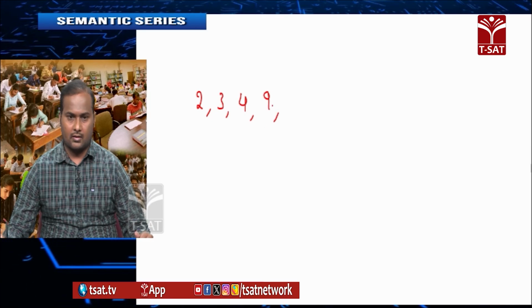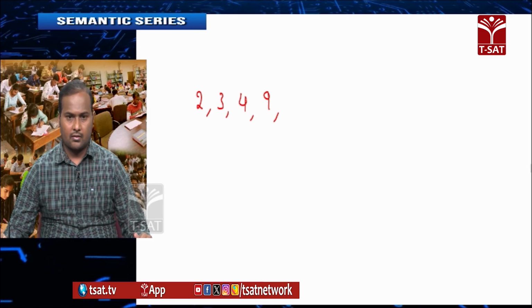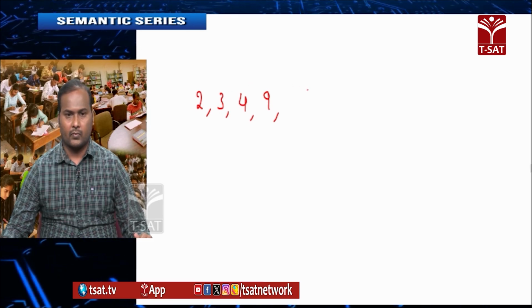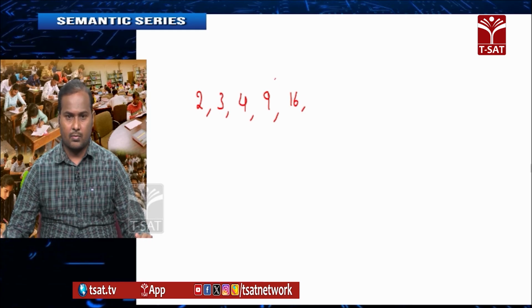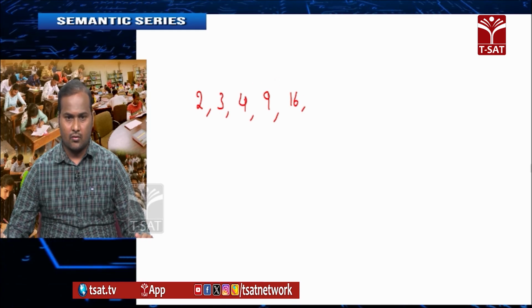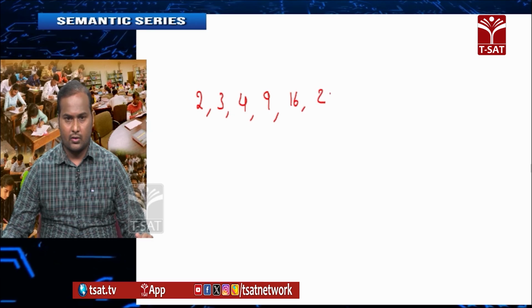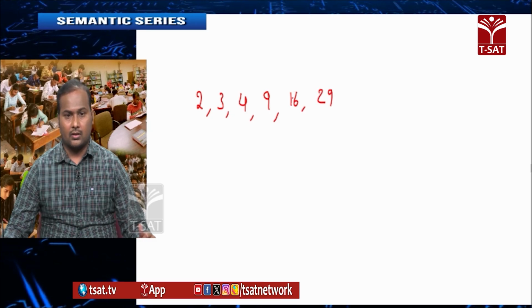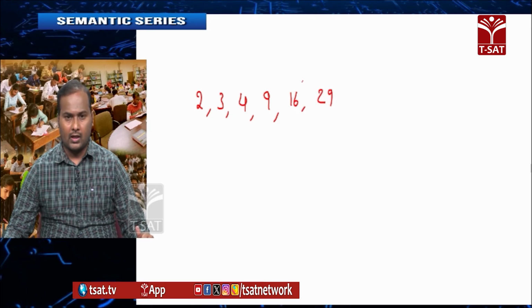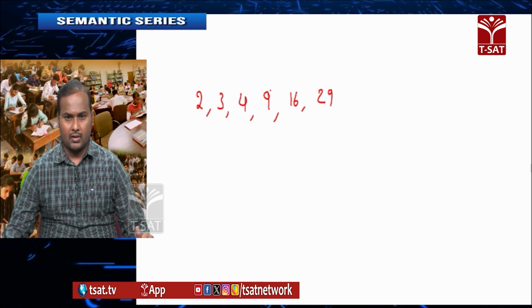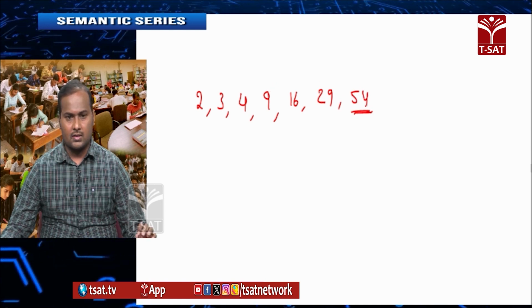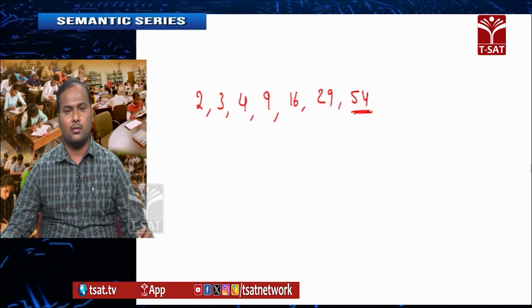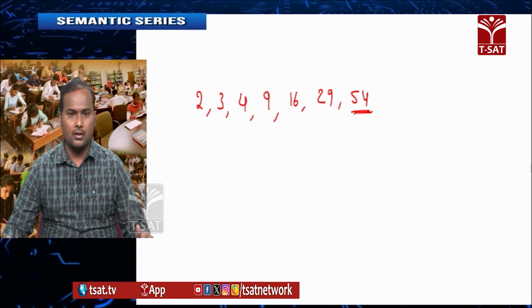Again the next number is 9 plus 4 plus 3, that is 16, and the next number will be 16 plus 9 plus 4, that is 29. The next number will be 29 plus 16 plus 9, that will be 54. So this is the Fibonacci series that you will get by addition of the previous three numbers.